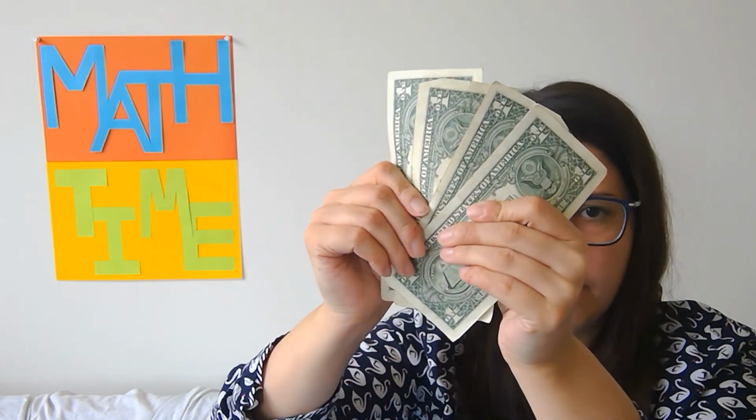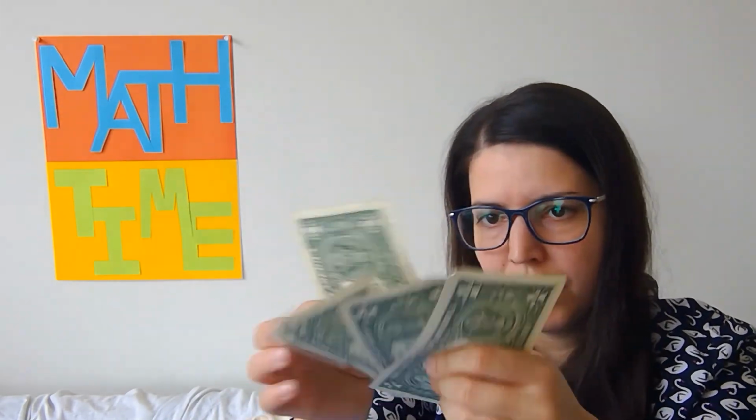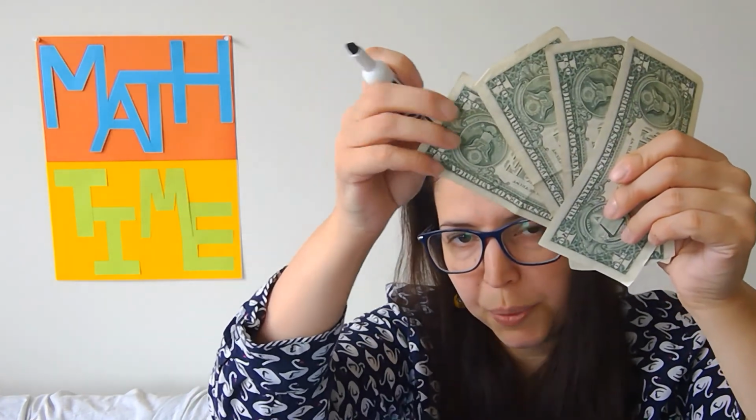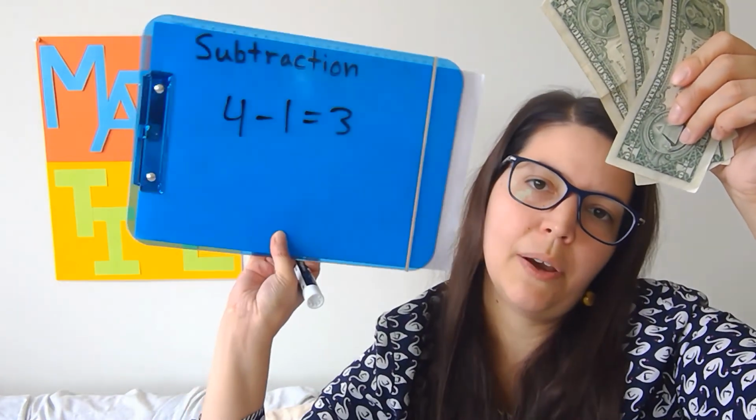If I take 1 away, I've got 3 left, right? So if I were to write this out in mathematical terms, I've got 4 here. Taking away 1, I'm giving it to the ice cream man, and now I have 3.